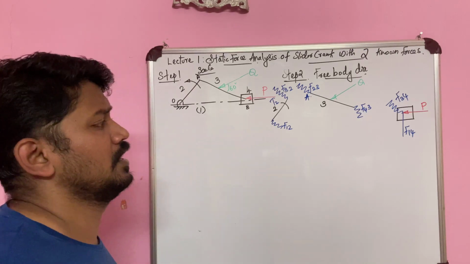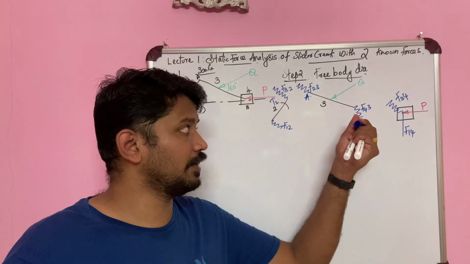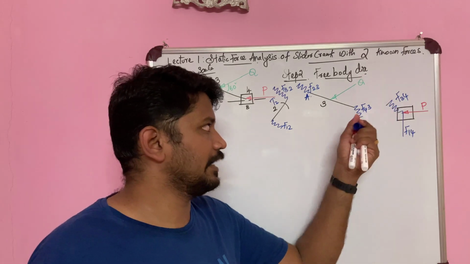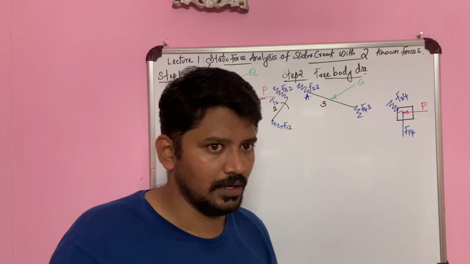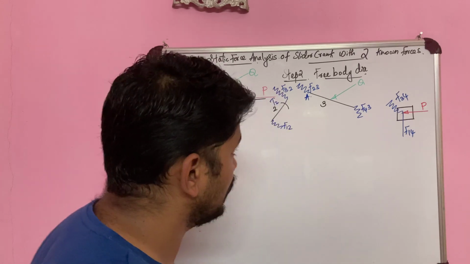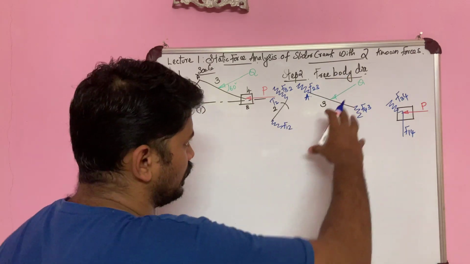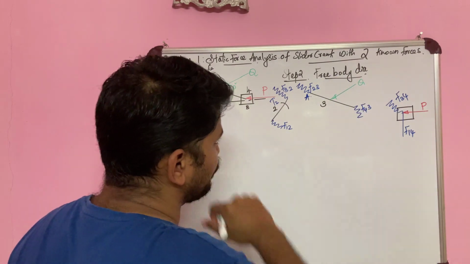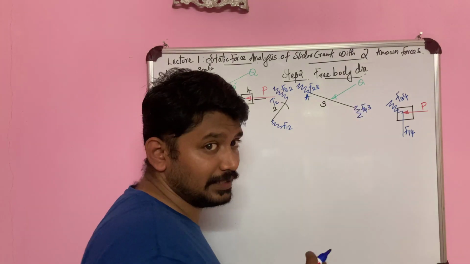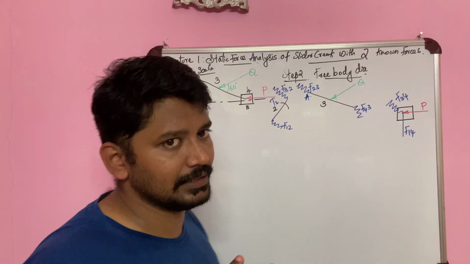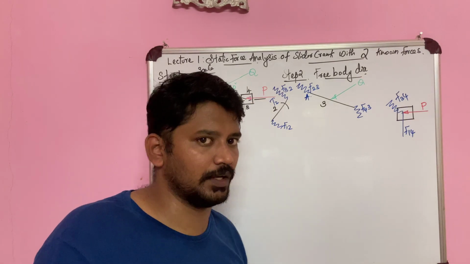So how do we solve the problem, and how do we find the direction and magnitude of each of these forces that constitute the problem? First let us consider link 3. In link 3 I am going to take this F43 and split it into two components, one parallel to the link and one perpendicular to the link.